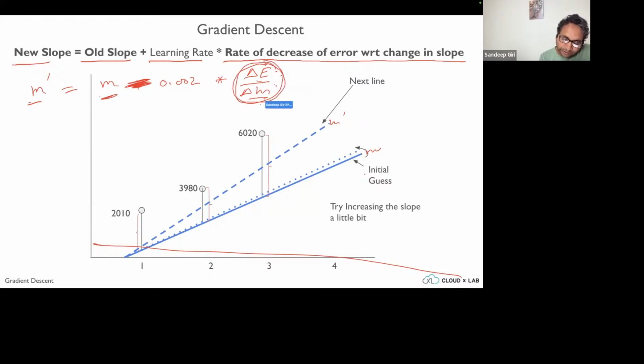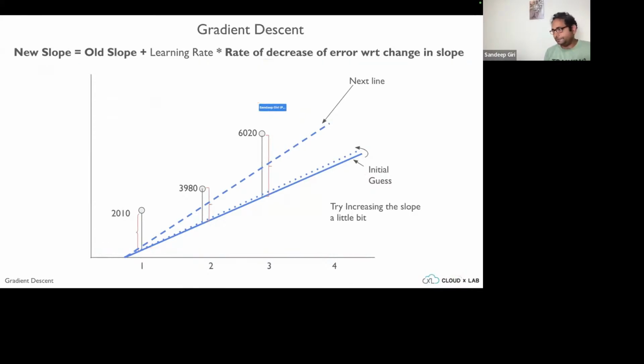That because of increasing the slope, error is reducing, and therefore we need to increase the slope. Now this formula is clear to you? Yes, Sandeep. Delta E means rate of change of error with respect to rate of change of M. Is everybody okay?